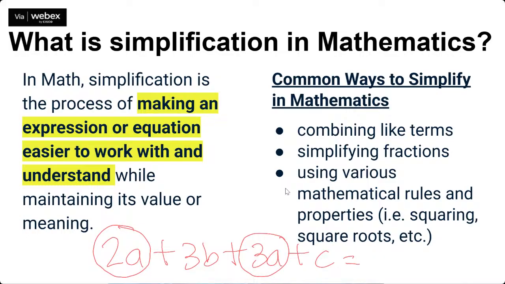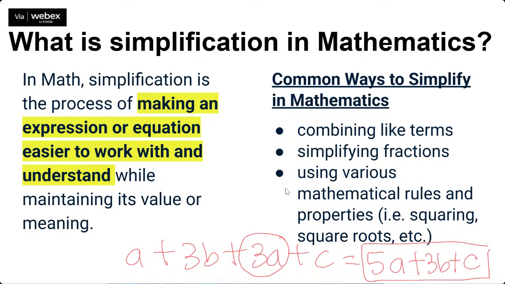Make it simple. We have 5A plus 3B plus C, and this becomes the answer. They didn't ask us to solve, they just said make it simple. Drop a yes if that makes sense. Perfect.